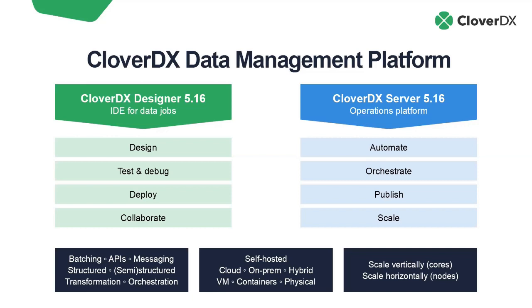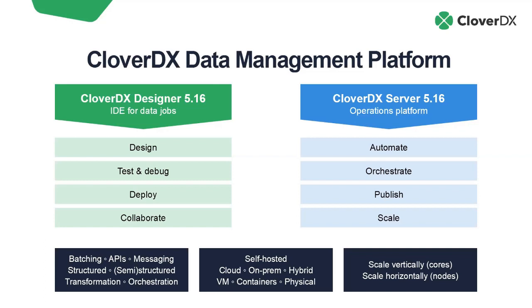The idea here is we're able to take any sort of data source, so think of traditional batch files, APIs, messages, structured to unstructured data, and integrate it in any way, in any place as well. So it can be self-hosted in the cloud, on-prem, hybrid, containerization, or physically in person.